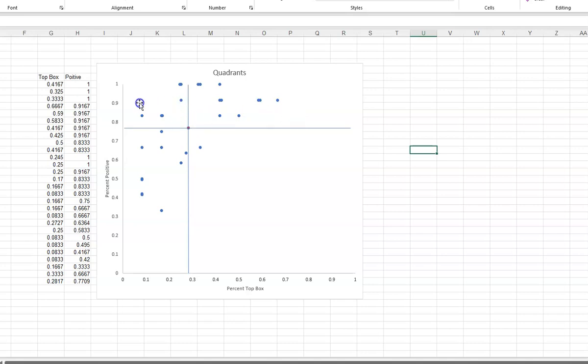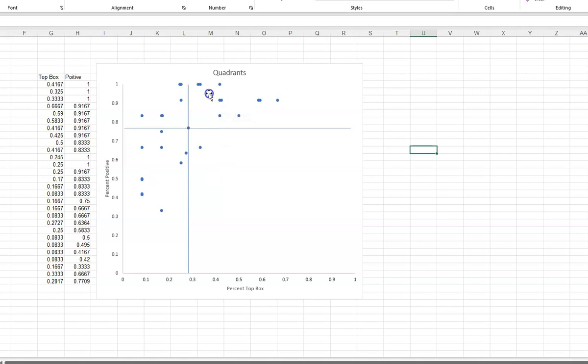Everything to the left of the line had a lower than average percent top box. This horizontal line right here represents the survey's overall percent positive. It was 77%. And so things above the line had a higher percent positive than the survey as a whole. Things below the line had a lower percent positive than the survey as a whole.